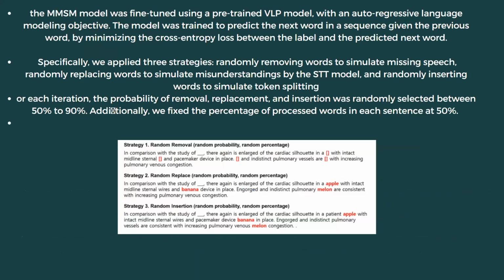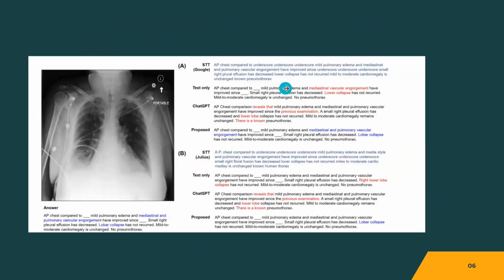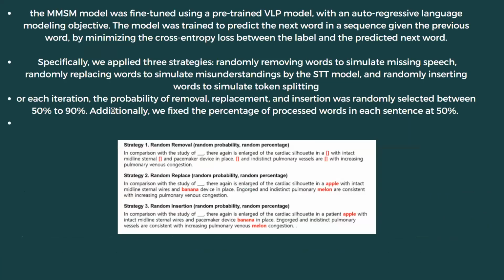So how did they train this model? If you want to know how they trained it, there are two types of ways. You have to test and you have to train. So how do you train this model? There were three ways that they used to train the model. One way was by randomly removing certain words and seeing if the model can understand what words it had to generate.